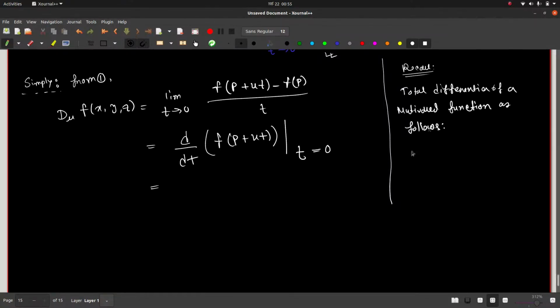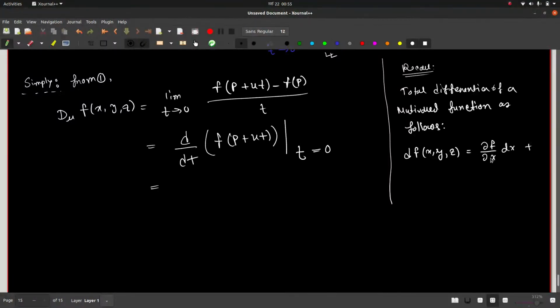Since we are considering 3 variables, so d of f of x, y, z, we can write it as the partial derivative of f with respect to x with the dx, that is an infinitesimal change in the calculus perspective, but we will later see that these are actually one forms, which you will see in the next lecture.